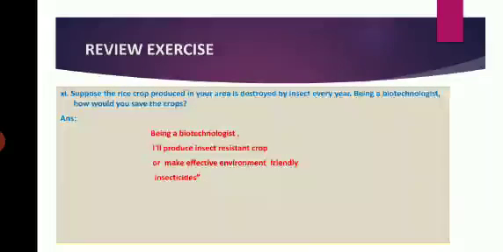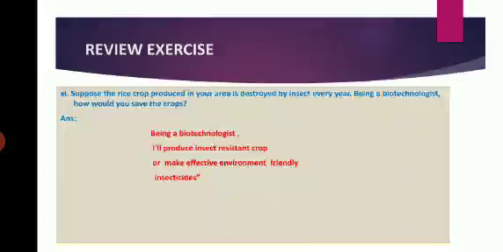Now the last question of this part is: suppose the rice crop produced in your area is destroyed by insects every year. Being a biotechnologist, how would you save the crops? Being a biotechnologist, I will produce insect resistant crops. Now what are insect resistant crops?